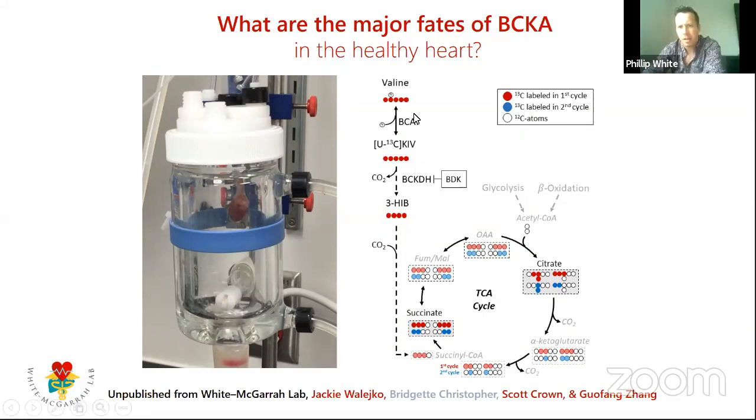So we were able to measure labeling not only in KIV, but also in valine and 3-HIB, and we looked at both succinate and citrate labeling as measures of entry into the TCA cycle, since valine can enter presumably through succinyl-CoA.